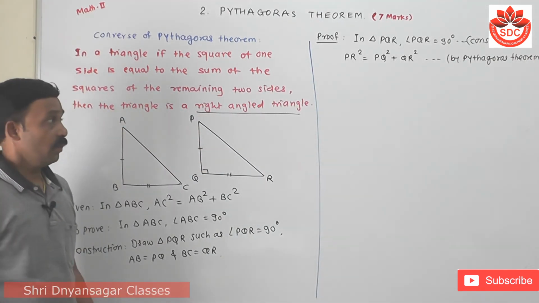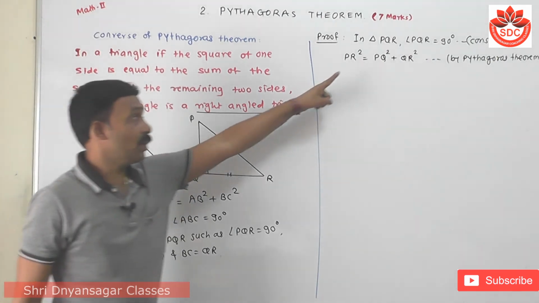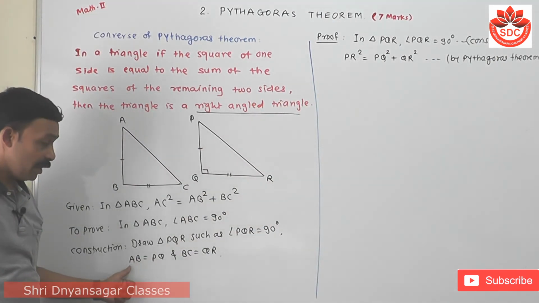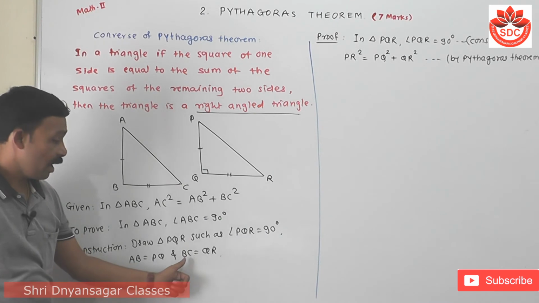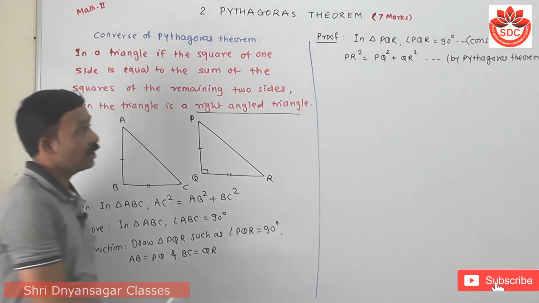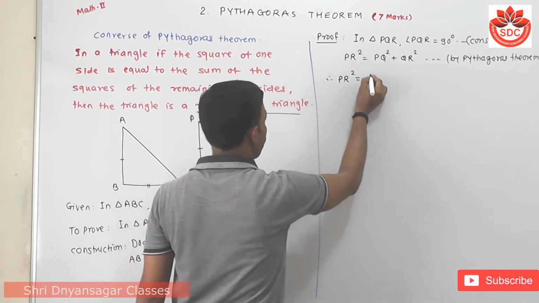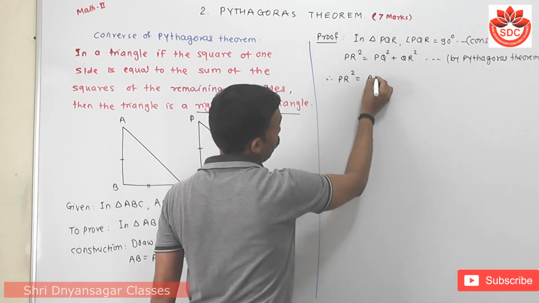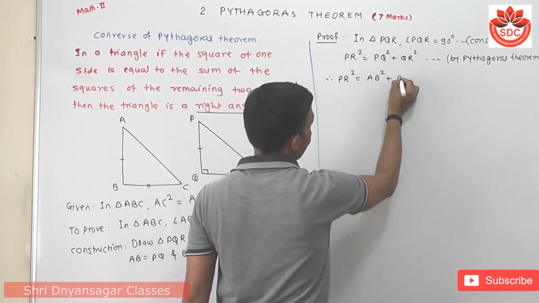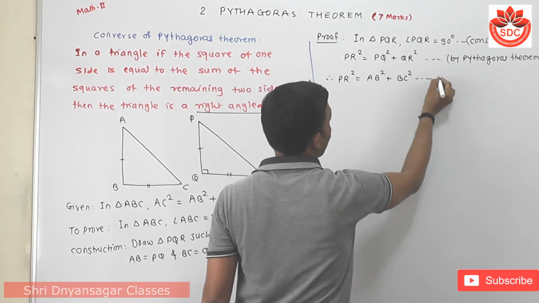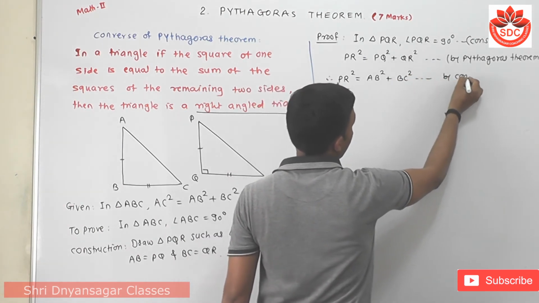Student, we substitute PQ as AB and QR as BC using the construction. Therefore PR square is equal to AB square plus BC square, by construction.